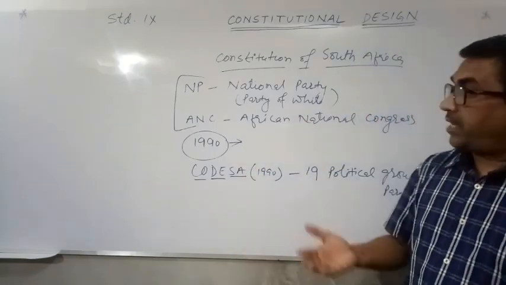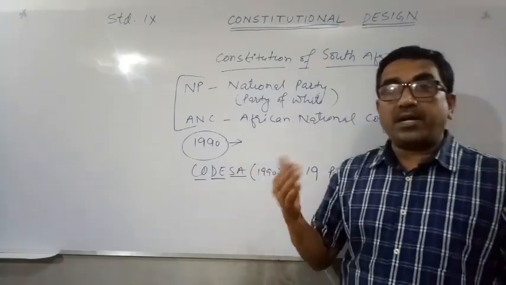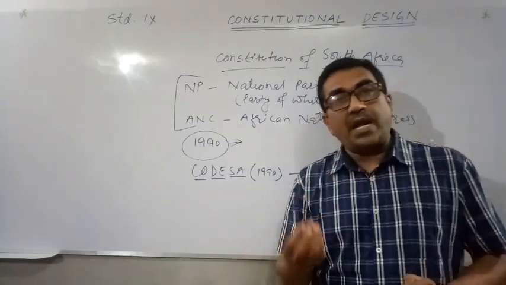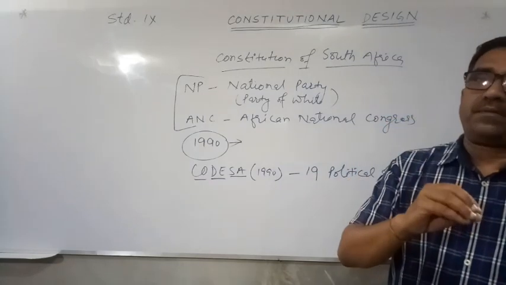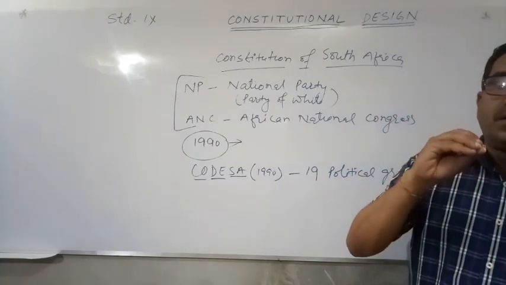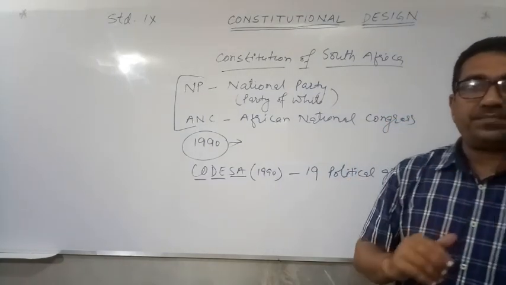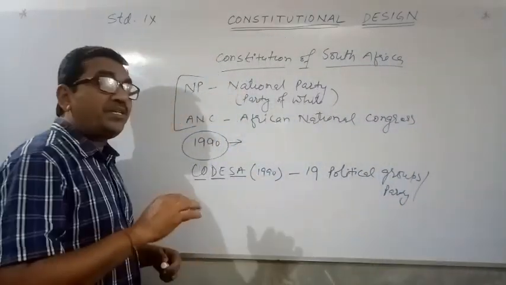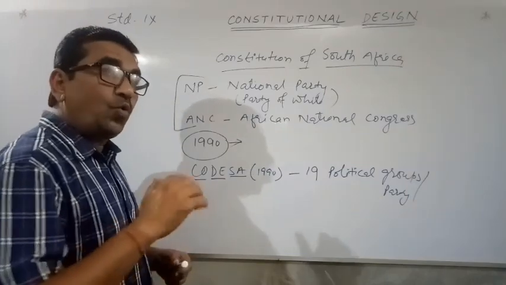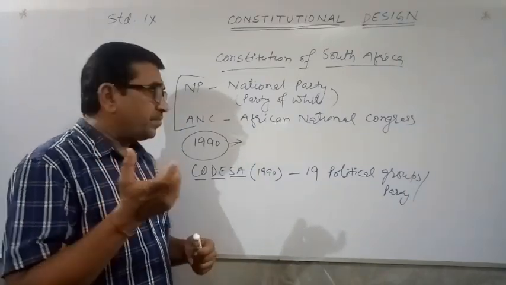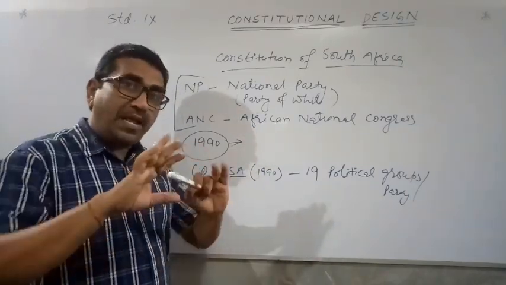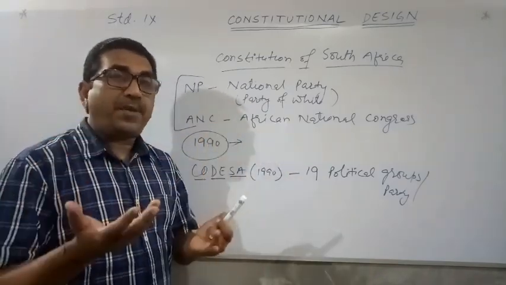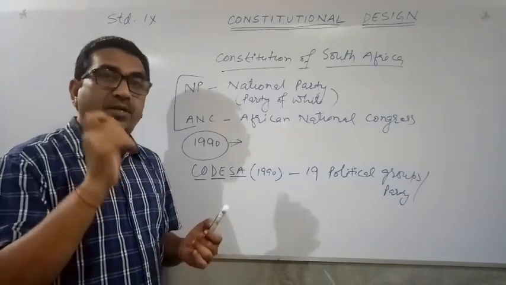They got the right only after 1990, when the political prisoners were released and political parties were given the authority to operate. Then they decided its name should be changed. And who will frame the constitution? It was decided that an elected parliament would frame the constitution.